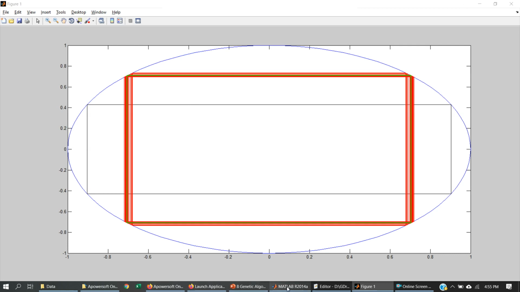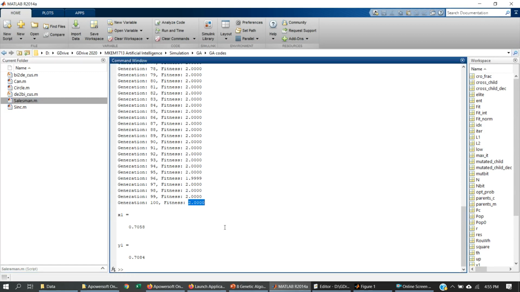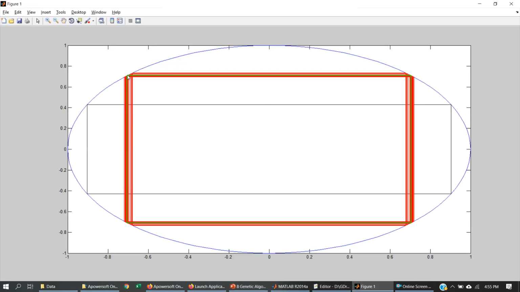If we check the results, the area that we got is 2, which is expected, and therefore this is the coordinate of one of the corners of our square. The green one is the correct answer. It is indeed the biggest square that can fit in our circle. So the genetic algorithm has managed to give us the right answer.